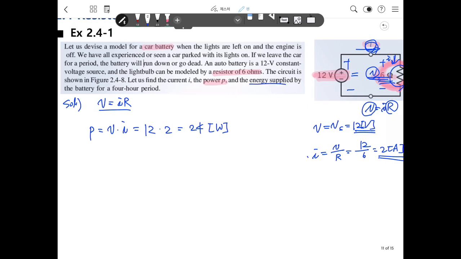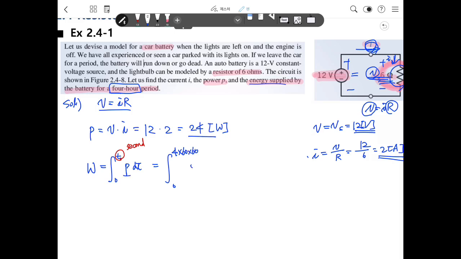Next is energy. The energy supplied by the battery for a 4 hour period. The energy W is work, which is the integral from 0 to time of P dt. The unit of time is the second, so 4 hours is 4 times 60 minutes times 60 seconds.